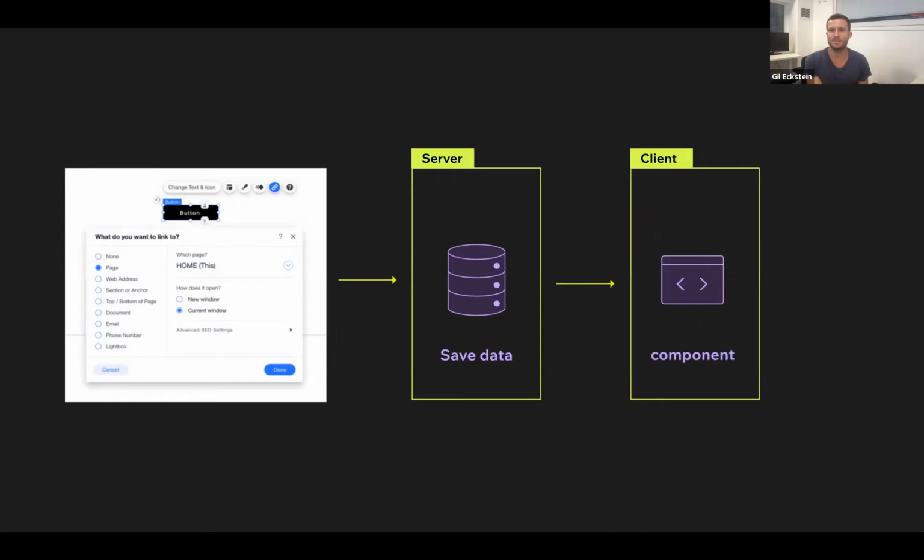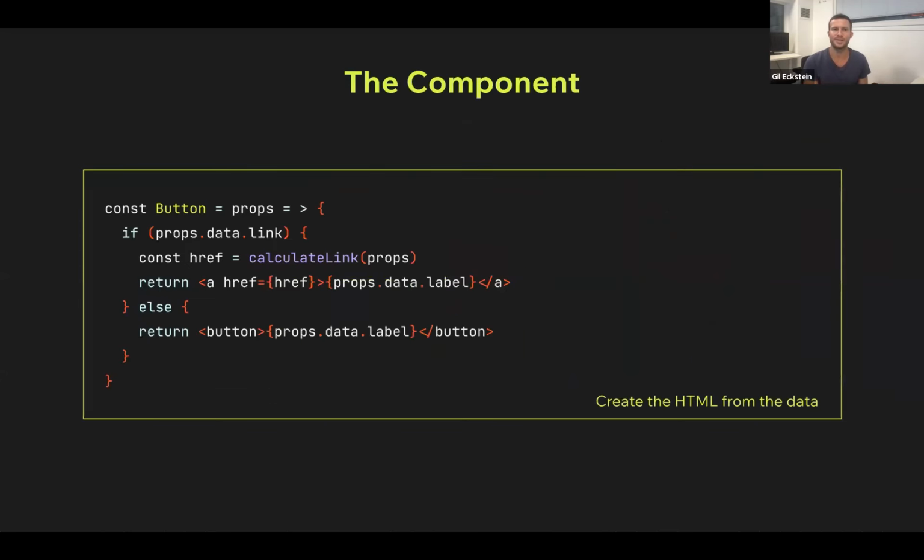And now this data needs to be passed into the component. When the user opens the URL, we need to get this data and render the component. So let's take a look at a simple button component that gets props and needs to return the HTML. In our case, the button takes the link object that we just saw, and now we need to render the HTML.